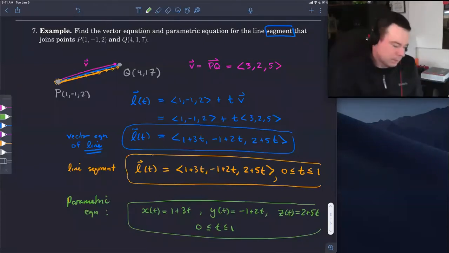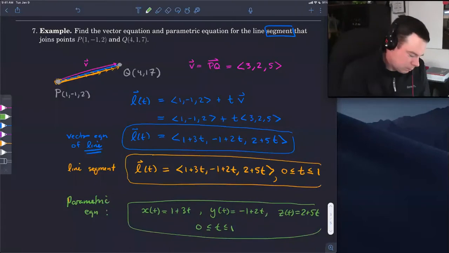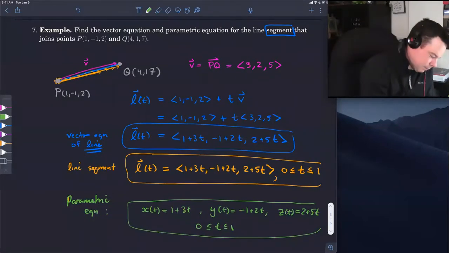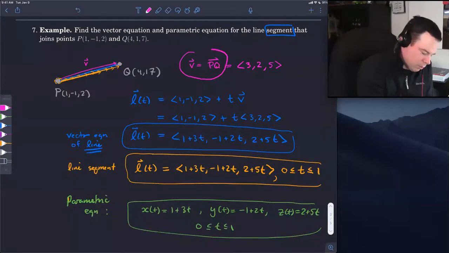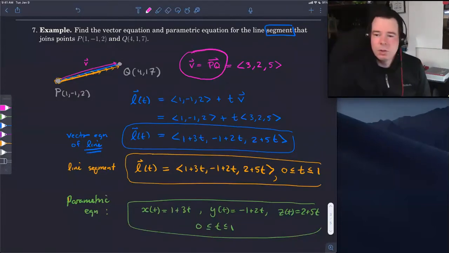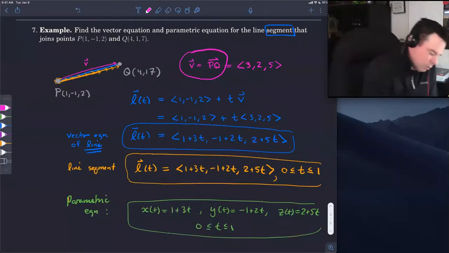Sorry, can you repeat one more time why we chose 1 specifically? We said that we chose 0 as the lower limit, so to speak, because we set it as point P. But why specifically 1? So it all boils down to this vector v that we're using for the direction vector of the line. So in our diagram, that's our vector v here.